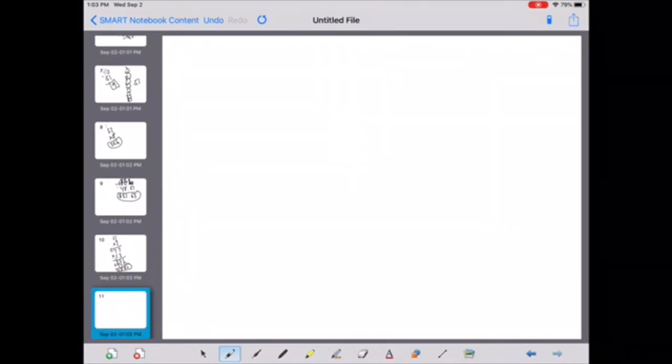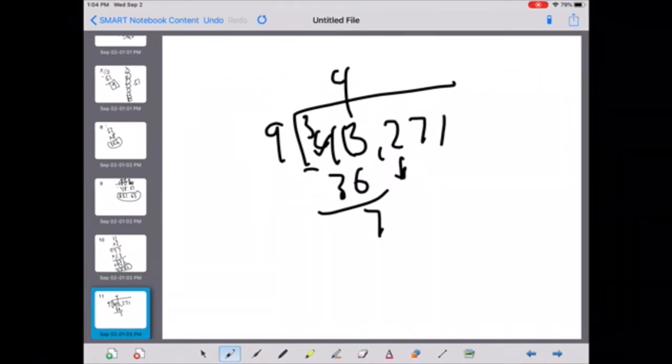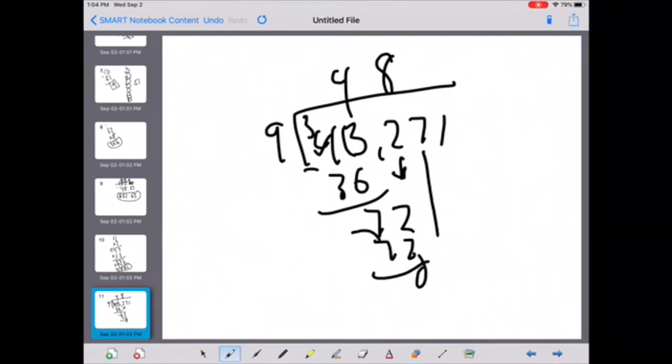23, big division problem. I have 43,271 being divided by 9. 9 goes into 43 4 times, that's 36. Subtract. 13 minus 6 is 7. Bring down the 2. 9 goes into 72 8 times, that's a 72. Subtract 0. Bring down a 7.